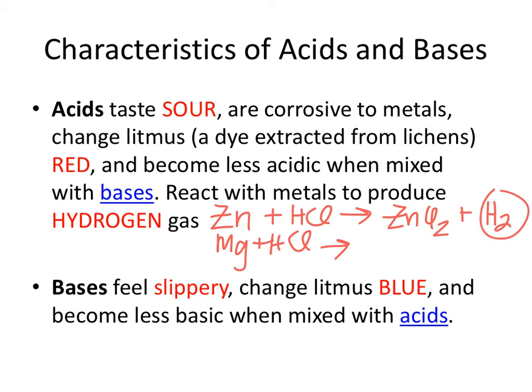So there's the gas, we need a 2 here. Same with magnesium, and HCl makes magnesium chloride plus H2 gas as well. And we also need a 2 here. So we have looked at those as part of our demos throughout the year.